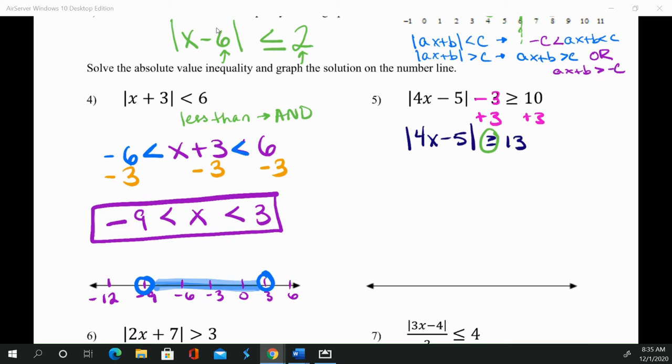Now we want to determine if it's an and or an or. And because it's greater than, we know it's going to be an or.